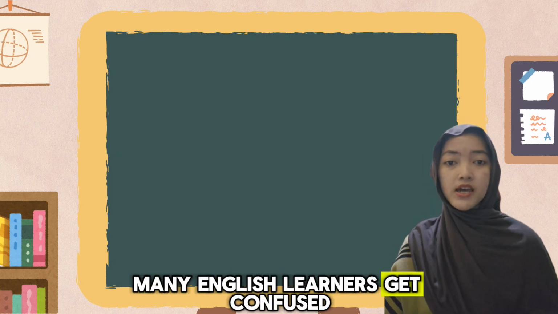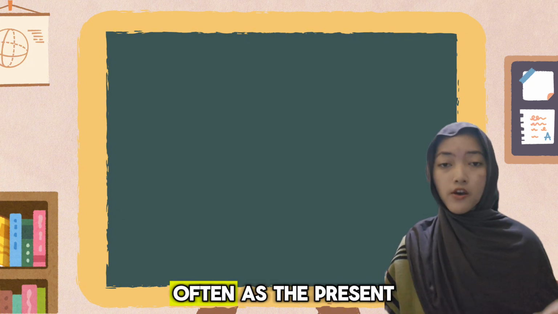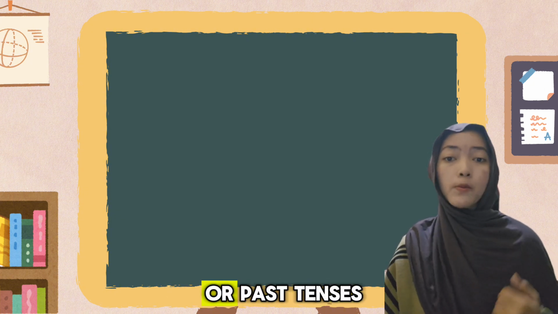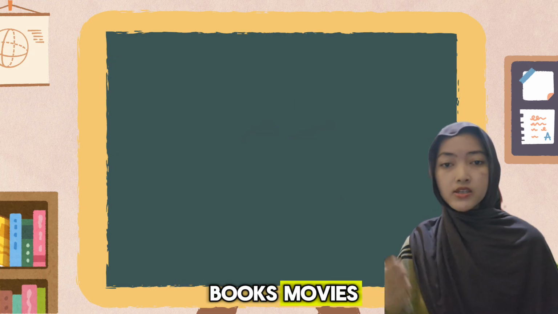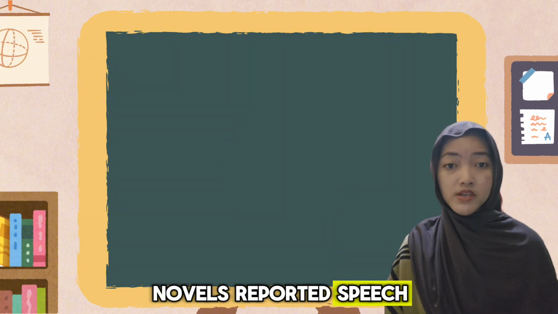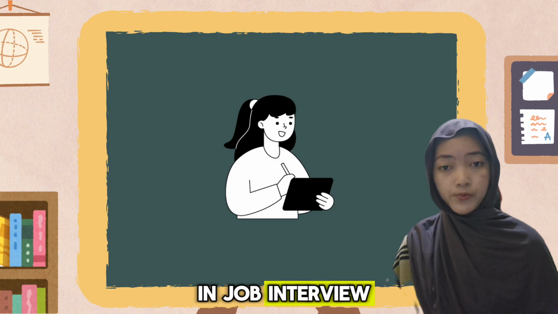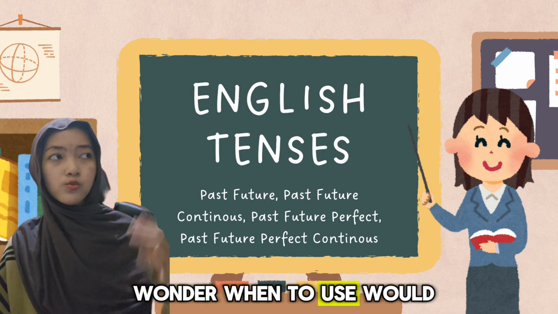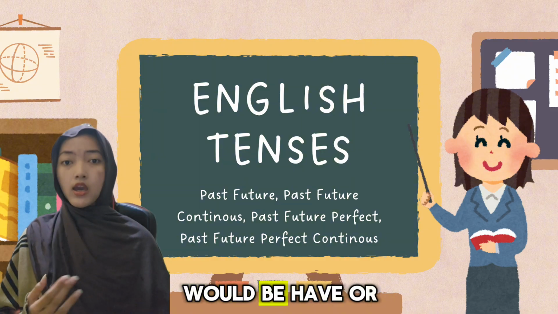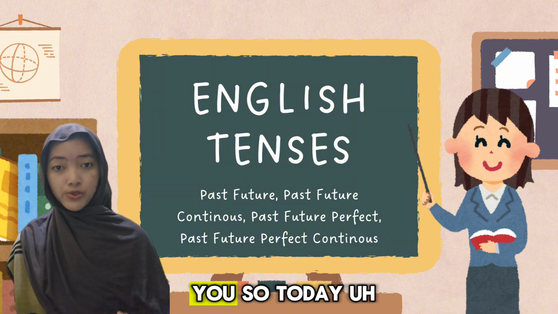Many English learners get confused because these tenses are not used as often as the present or past tenses. However, you will find them in English books, movies, novels, reported speech, conditional sentences, and even in job interviews. So if you ever wonder when to use would be, would have, or would have been, this lesson is for you.